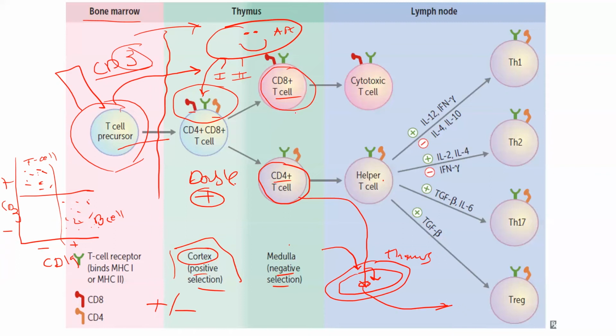And that's how I get autoimmune diseases, is I do not negatively select very well. There's other ways that you can do it too, but for the most part, negative selection is my way of trying to prevent autoimmunity. Instead, I want to kill off those or remove them from my circulation and not let them out.